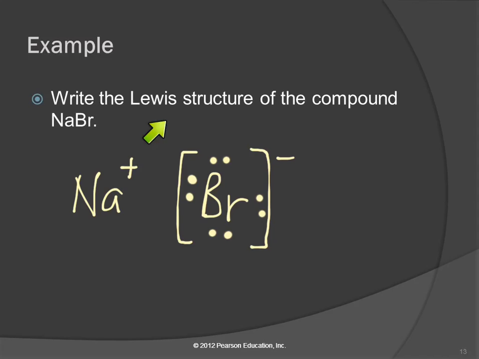This is the Lewis structure for the ionic compound sodium bromide. It shows the different ions and their charges, and the anion has a full octet of electrons. We don't show the underlying electrons from the sodium. Some students find that disturbing.